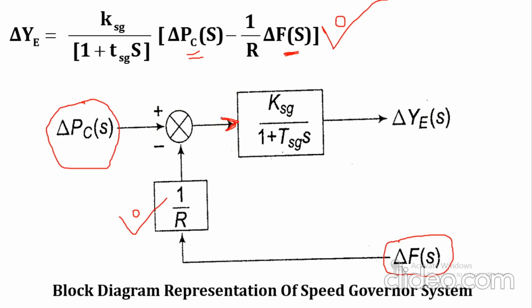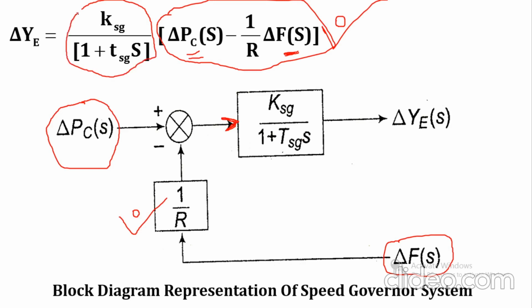So the output at this point is equal to delta PC of S minus 1 upon R into delta F of S. Now this entire signal is multiplied with the constant KSG upon 1 plus TSG into S. This is the block which represents the entire gain, and the multiplication of these two is our valve setting at point E. So this is the output delta YE.